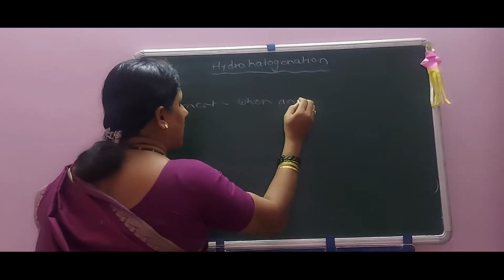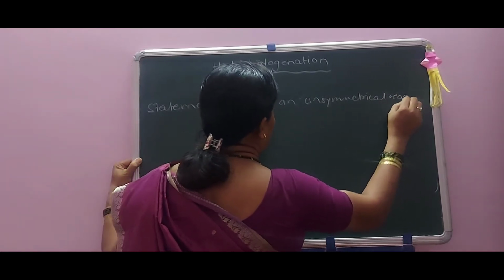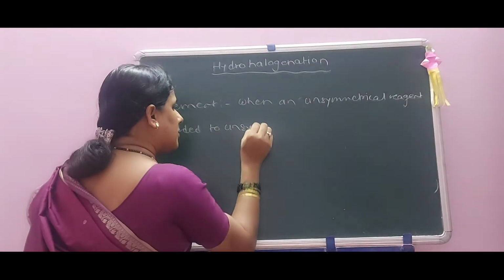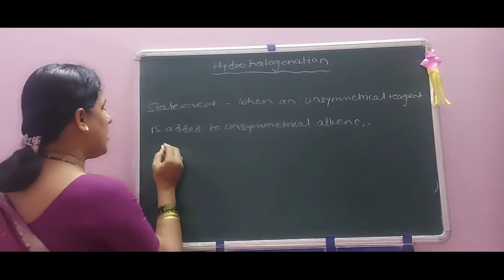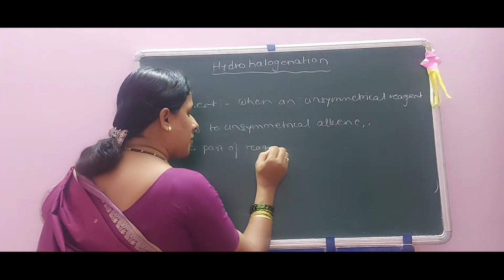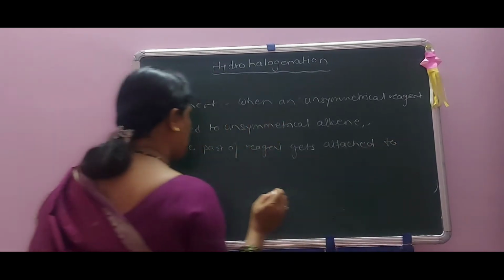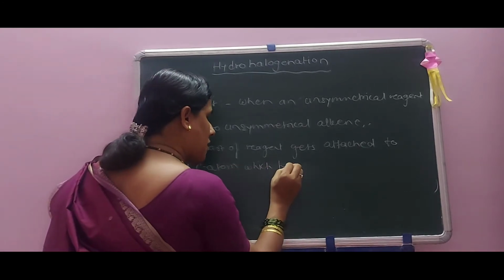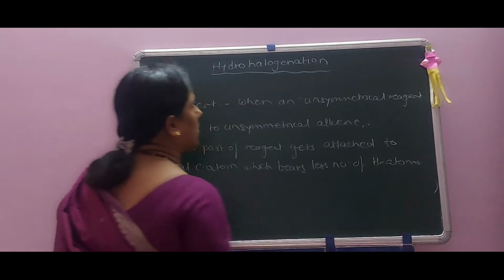When an unsymmetrical reagent is added to an unsymmetrical alkene, the negative part of the reagent gets attached to that carbon atom which bears less number of hydrogen atoms. Okay, this is the statement.